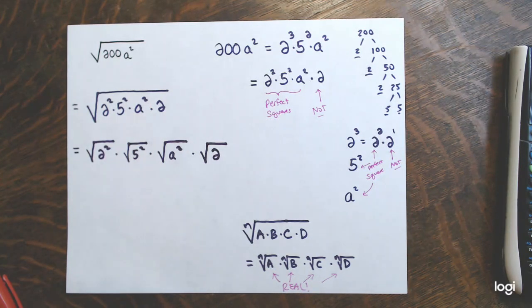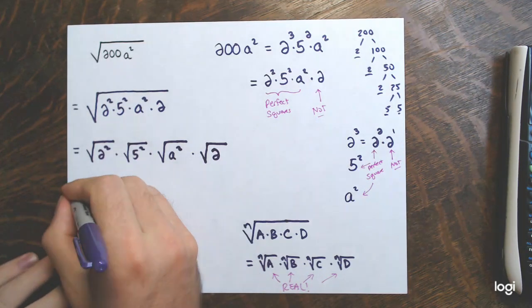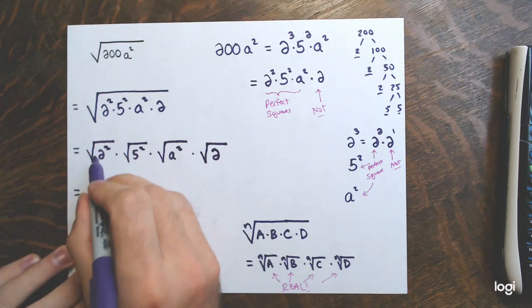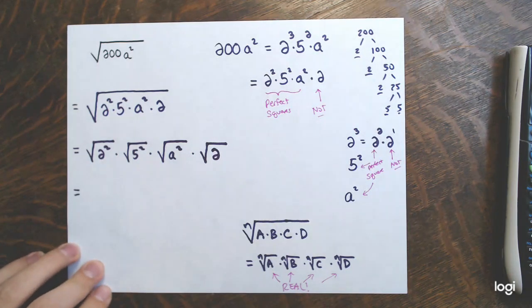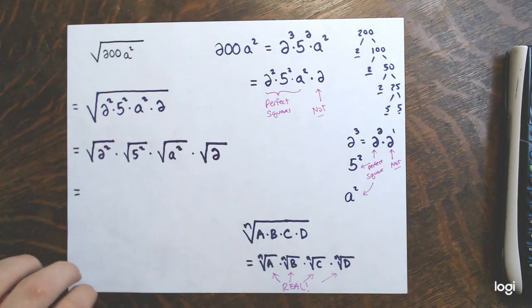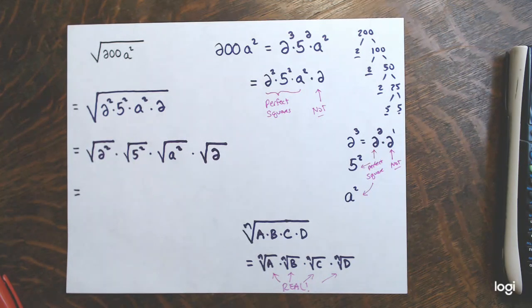And then finally, now that I've split it up using the product property, take the square root of every perfect square. The square root of 2 squared would be the absolute value of 2. Remember, going way back, an even root of an even nth power of a is going to be the absolute value of the base.